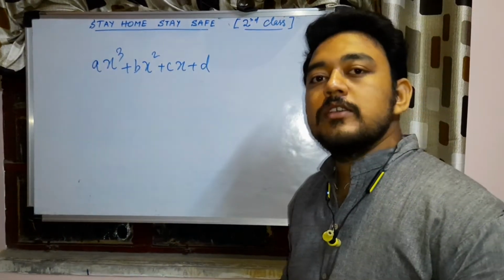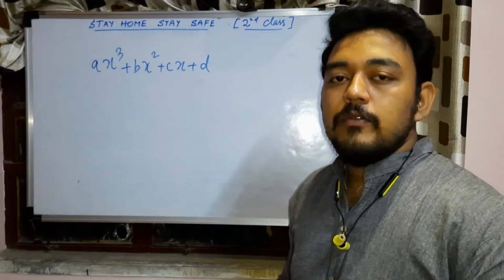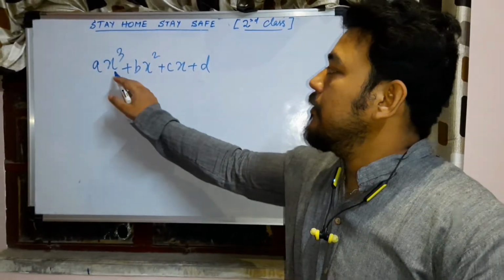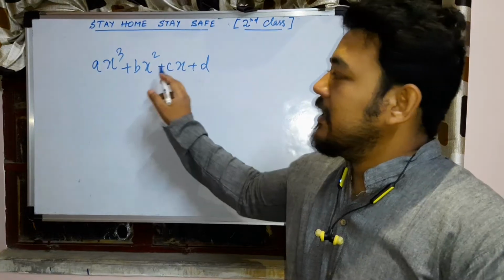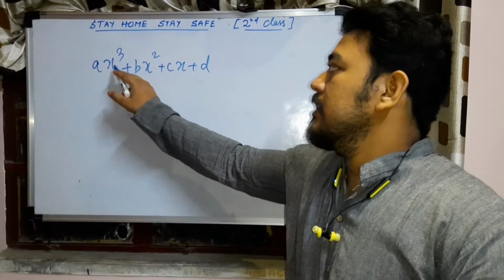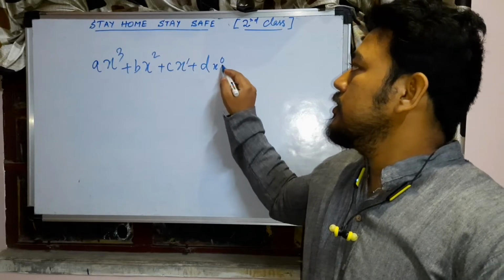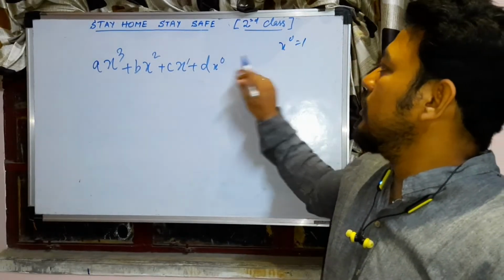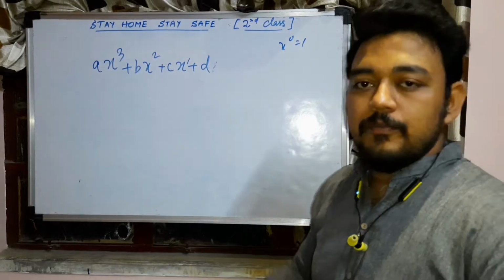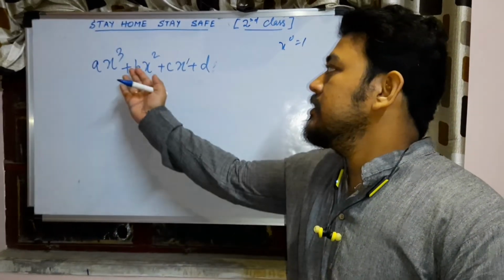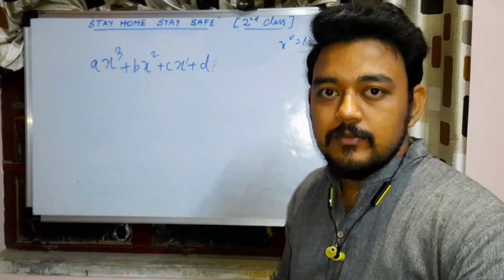Those who don't know what a polynomial function is: it is represented like this, x cube, then x square, then x to the power 1, then x to the power 0, and we know that x to the power 0 equals 1, so that is d. That is the decreasing order of the degree.